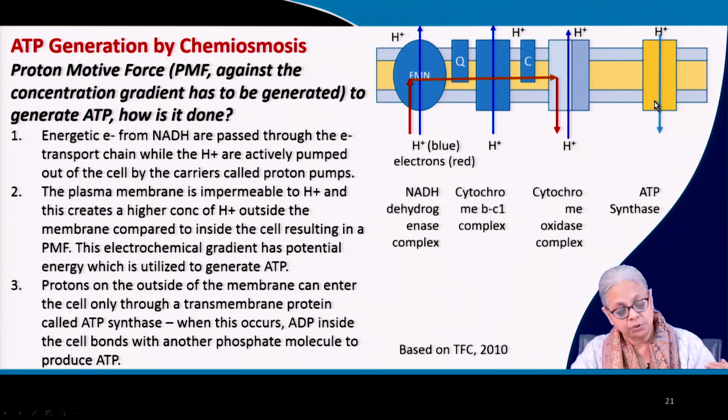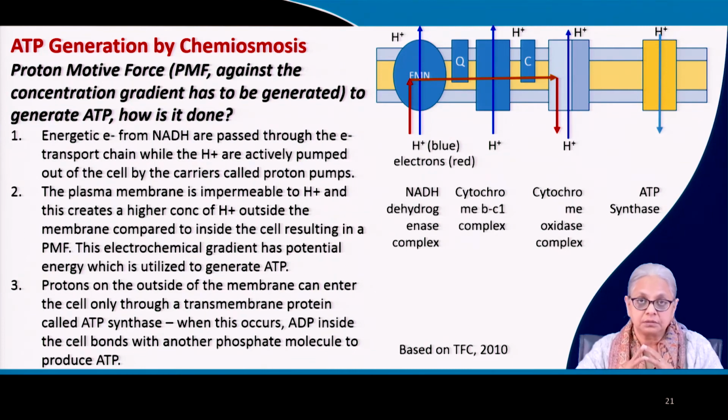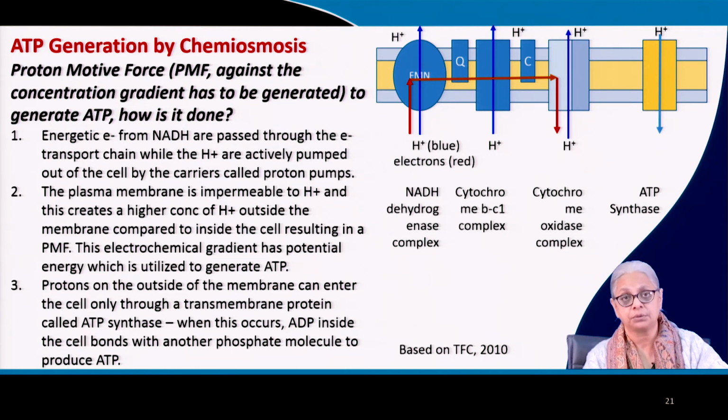So this proton motive force will now be dissipated by ATP synthase, and ADP that is already there in the cytoplasm, along with a phosphate molecule, will utilize the energy being dissipated by the proton motive force to generate ATP. So it sounds very complicated, and it is, but that's what the life process of ATP generation is. It's a very complex process.